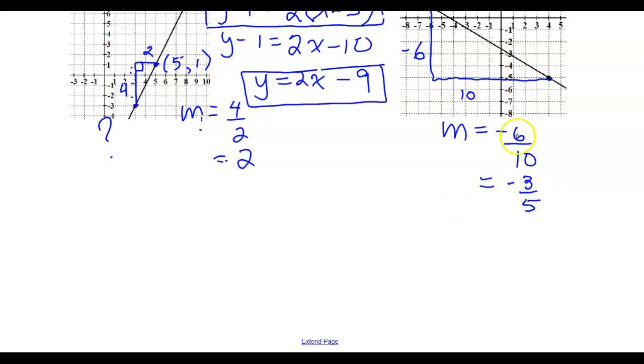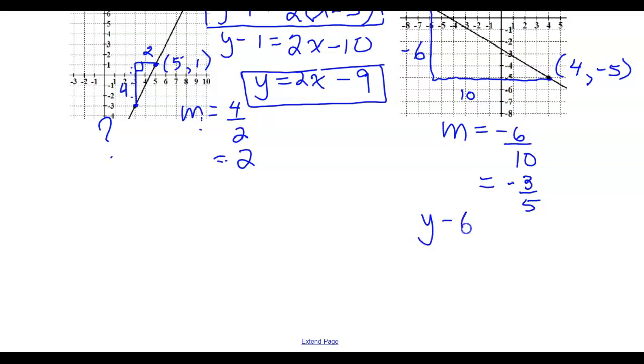So now choose a point. Doesn't matter which one. I'm going to choose 4, negative 5. You could choose the other one. Remember, we did it using both of them, or 2 different ones, and we simplified and we came up with the same equation. Doesn't matter which.